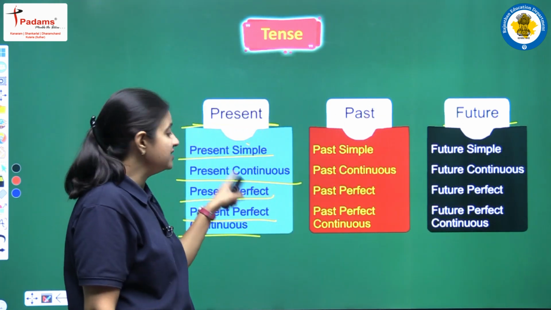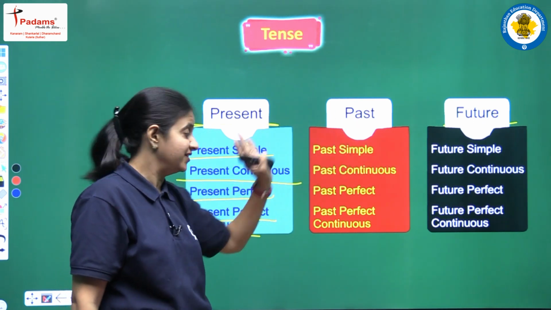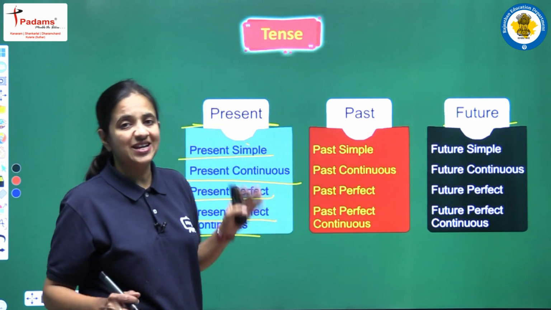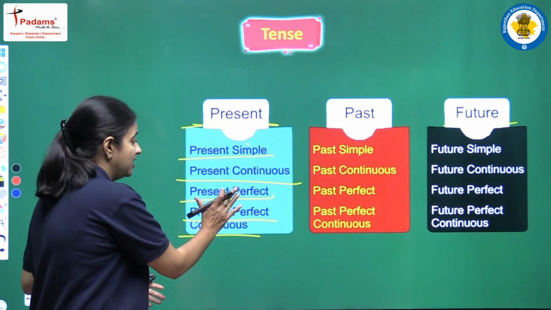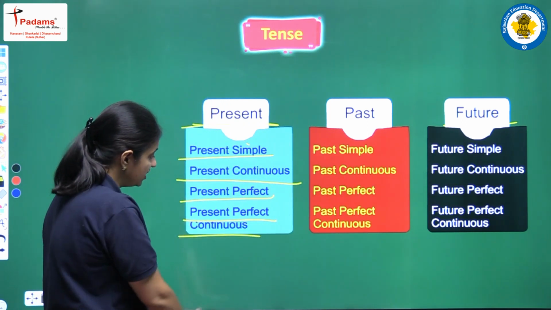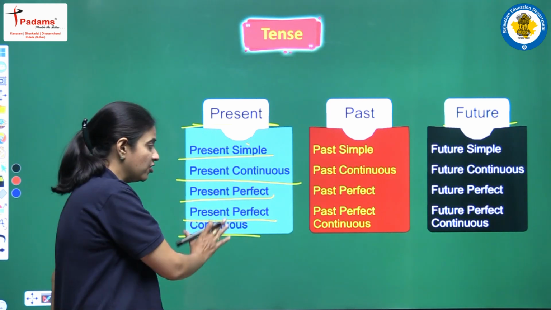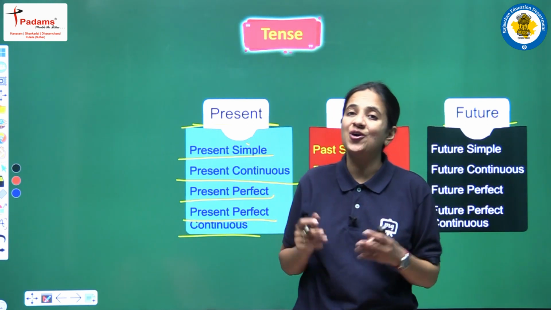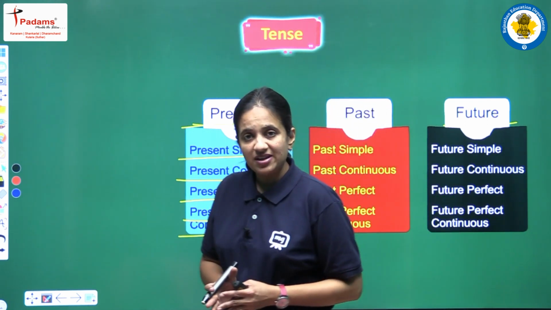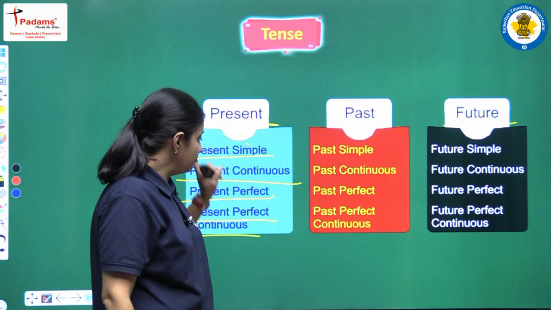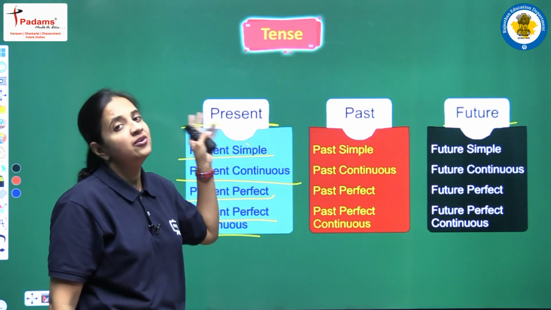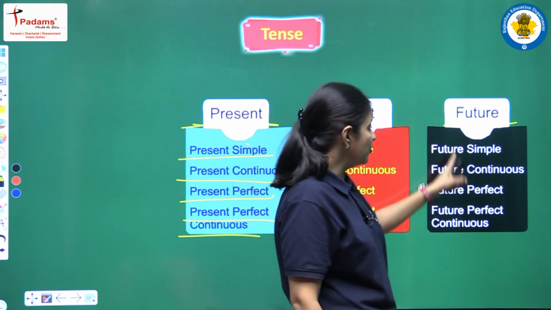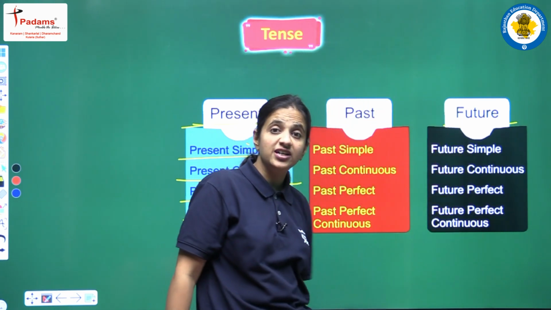Similarly, perfect tense has all three categories: present perfect, past perfect and future perfect, and the same happens with the last tense, perfect continuous. So yes, we have present perfect continuous, past perfect continuous and future perfect continuous tense. In this manner we have four tenses in present time, four tenses of past time, and four tenses in future time, okay?